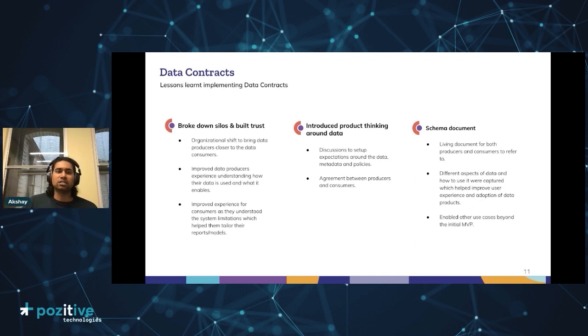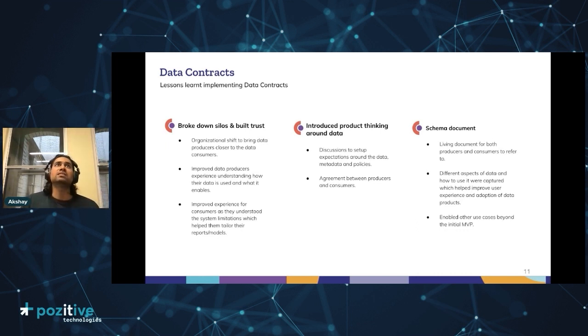What it helped us do is, by having this as a living document, anytime someone had any questions, they could just go in and comment. And we would also capture the history of those conversations. So it was very easy for us to come back to it at a later point and say that, okay, the reason we've added this column this way is because of this, here you can go and look at the history of the conversation.